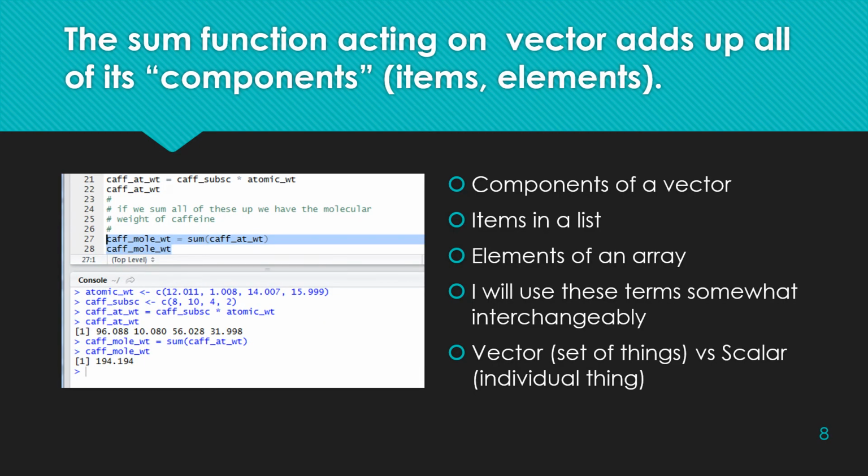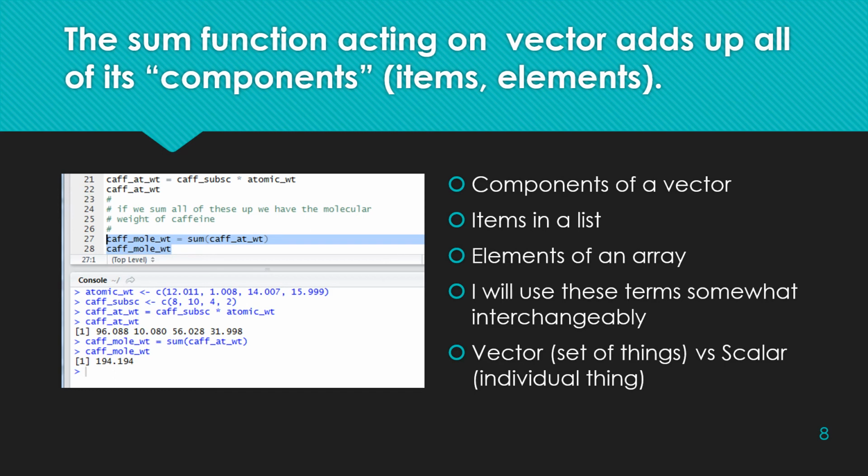Just a note about terminology. I tend to use the following terms somewhat interchangeably. I'll talk about components of a vector, or items in a list, or elements of an array. Okay, now let's look at line 27 in the code. So I have caffeine underscore molecule underscore weight equals sum, parentheses, caffeine atomic weight, close parenthesis.